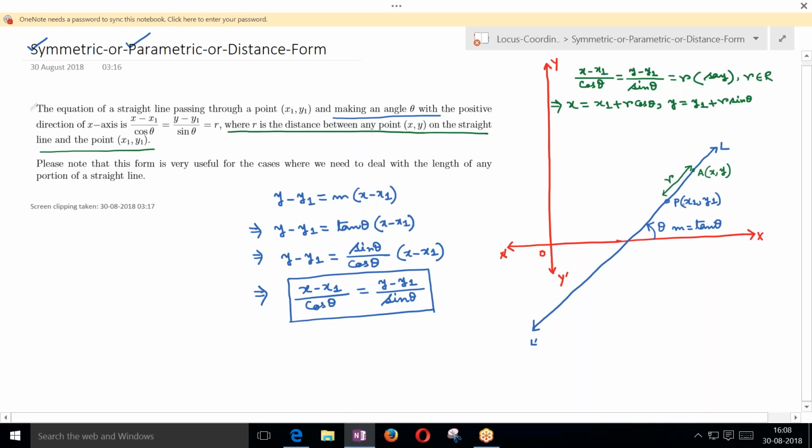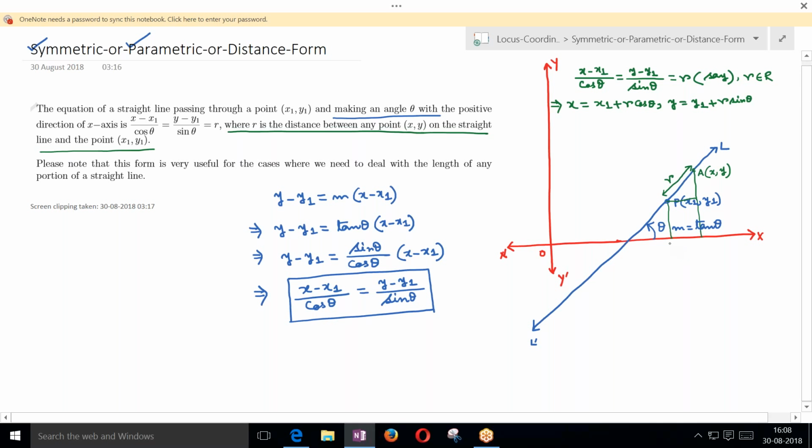Then how can we find that x is equal to x1 plus r cos theta? Let me derive it and show it to you, so that you understand why we get this. Let us join these points, and let us join this one as well.